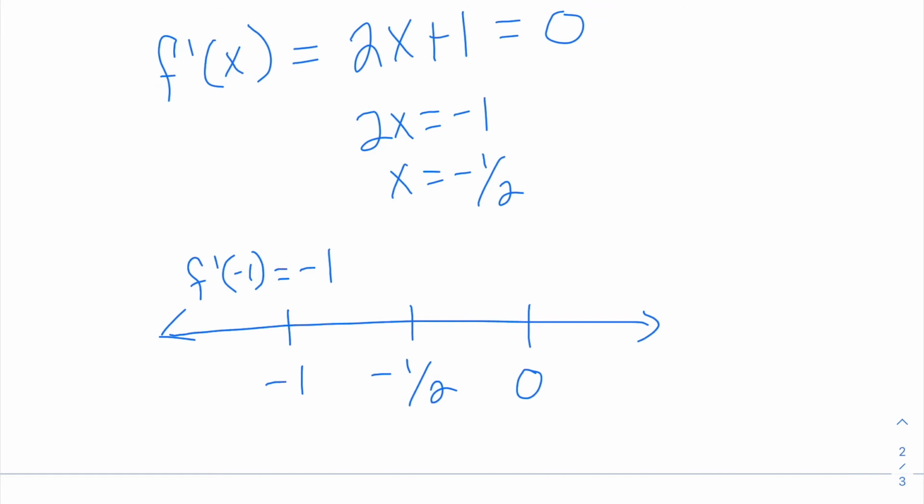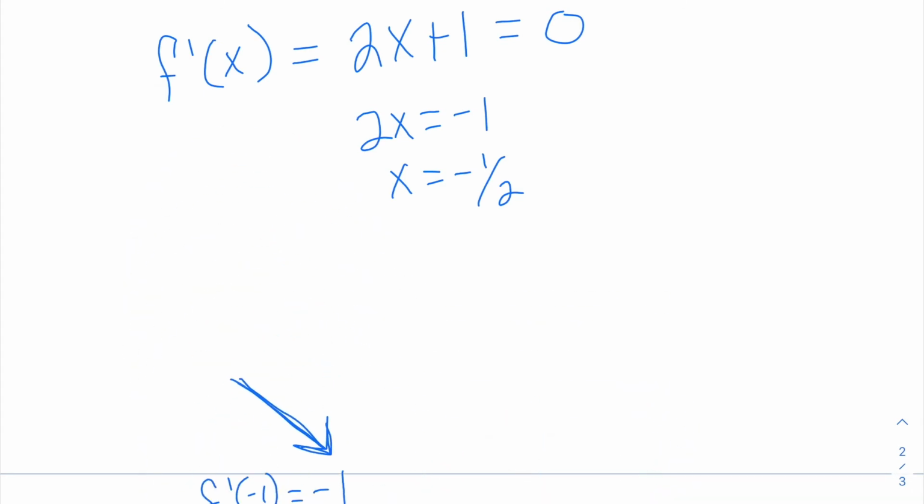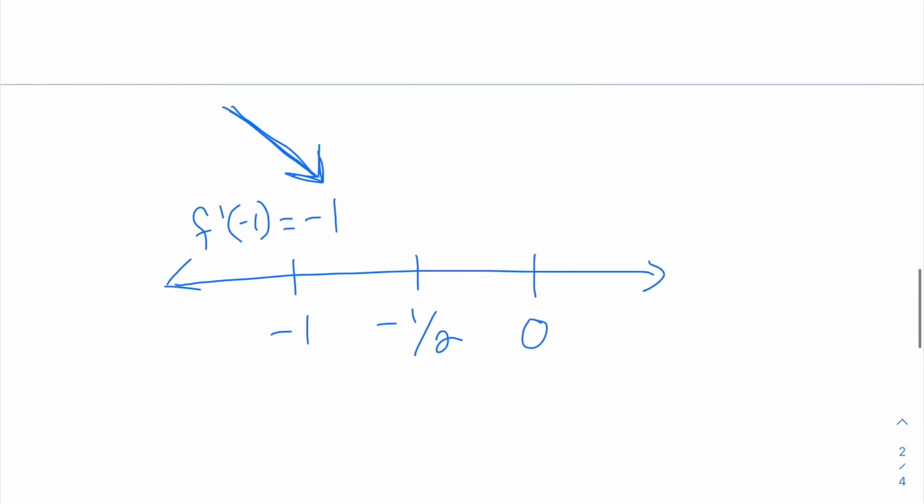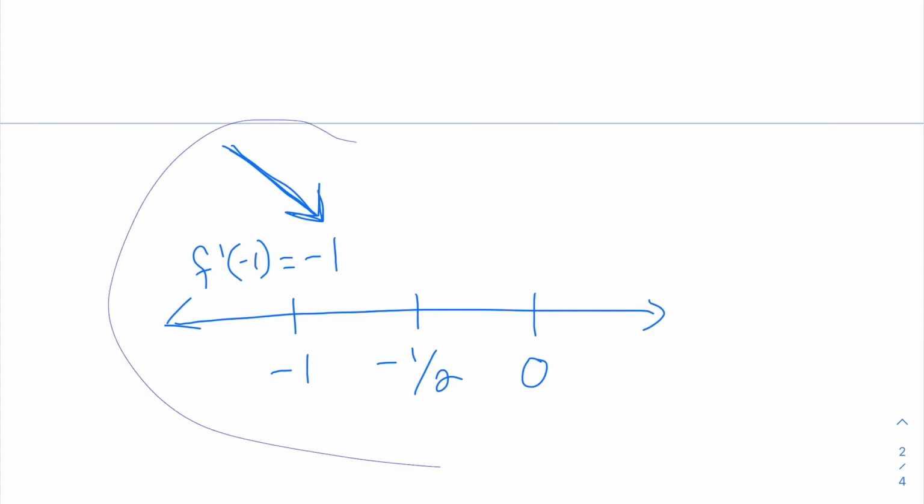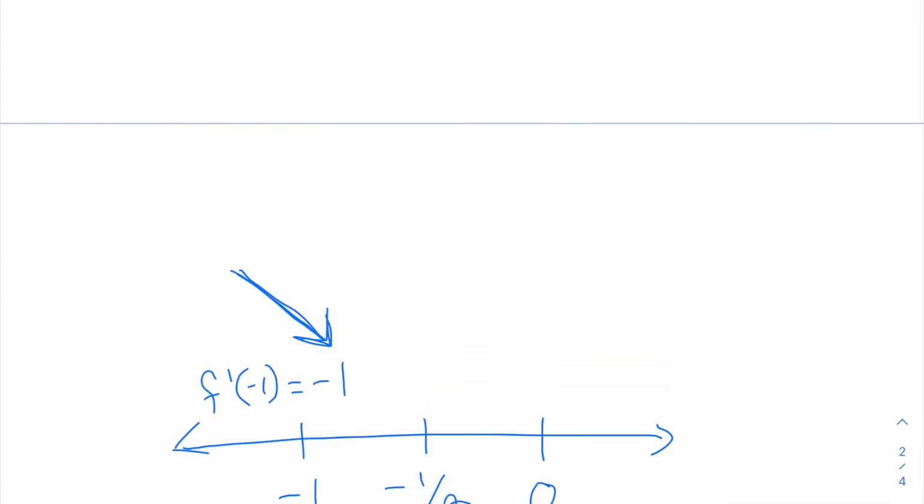And remember, your derivative represents the slope of your tangent line. So you would have a downward slope to this side of negative 1/2. And just to make it a little bit easier for us to visualize this, I'm going to space this out a little bit differently and move this down. So we're going to have a negative value to the left of negative 1/2.